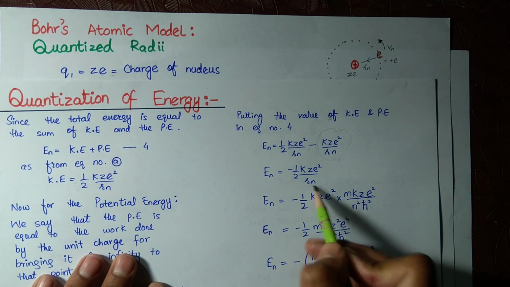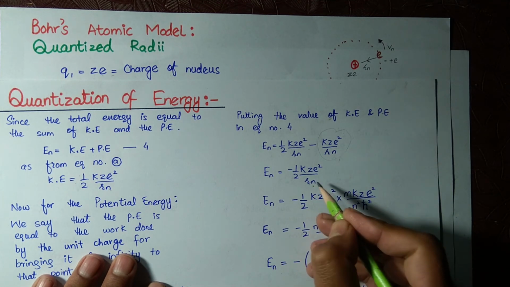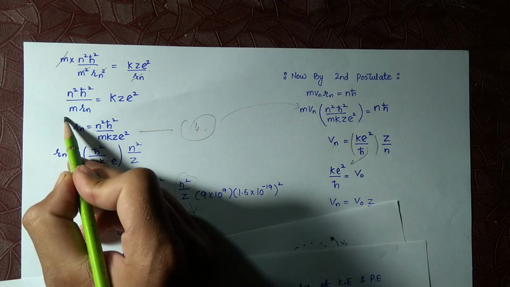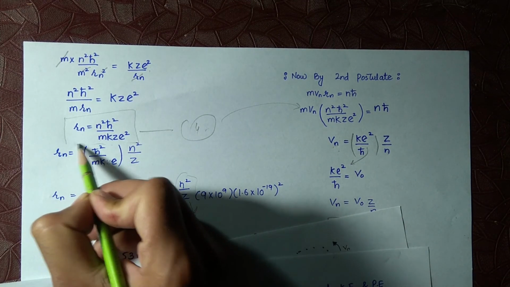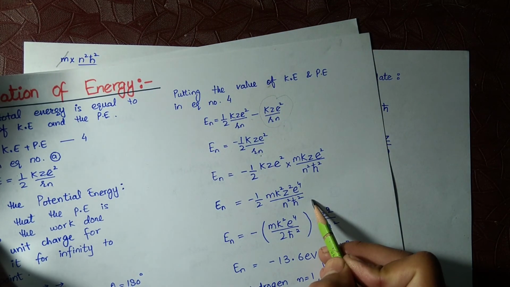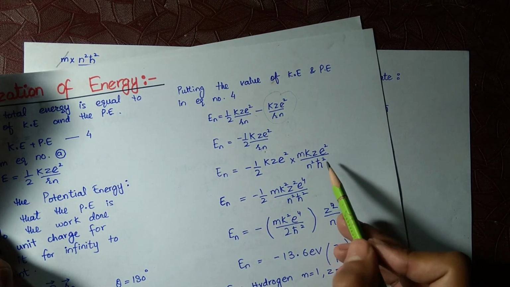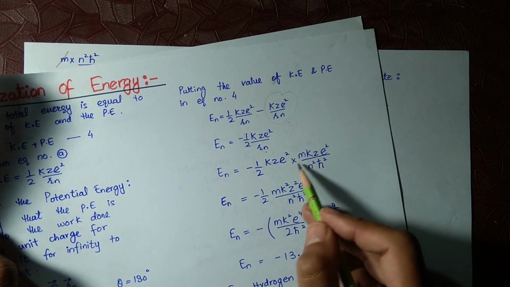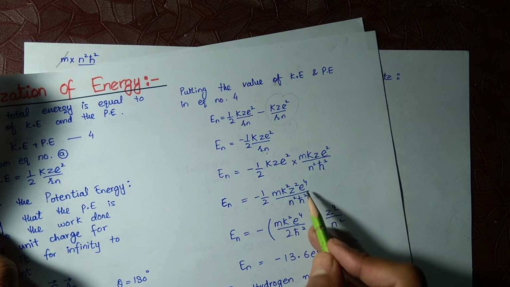So now what we are going to do is put in the value of this Rn which we found in our previous lecture, equation number 4. So putting this value here, our final equation will have Z into Z as Z square, and e square into e square as e4.